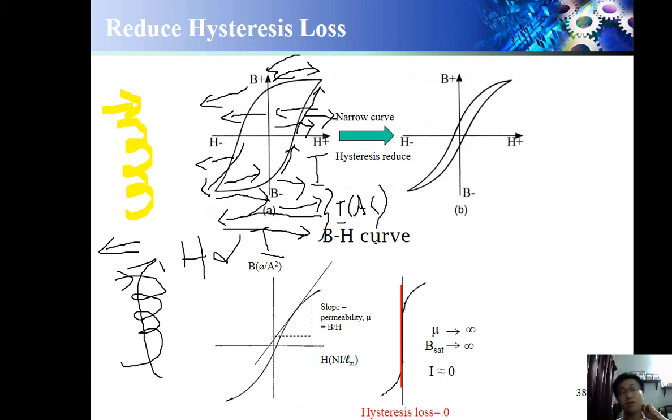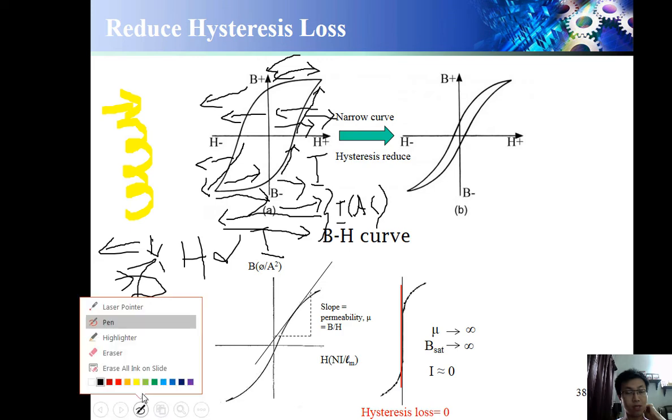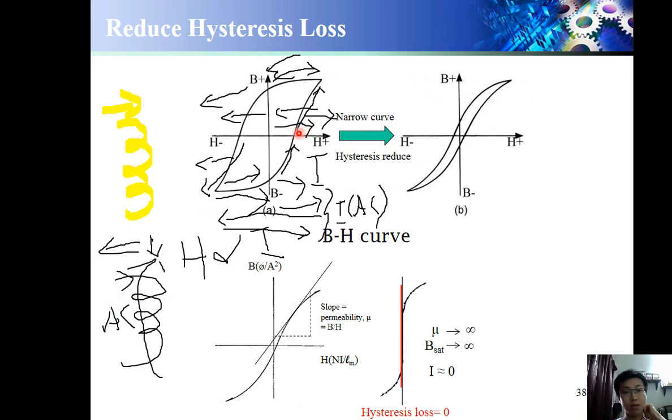So if this is an AC and this is the core, we have a core inside. The core will experience going up, then reducing, then going down, reducing, then increasing the magnitude, then decreasing again, then increasing.